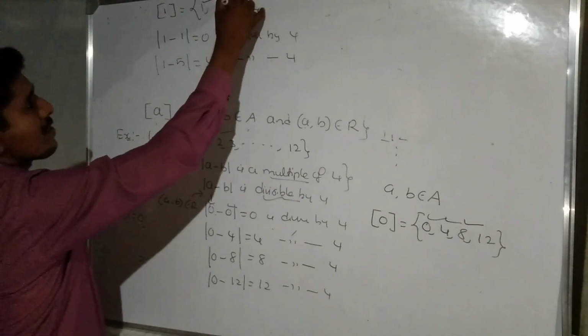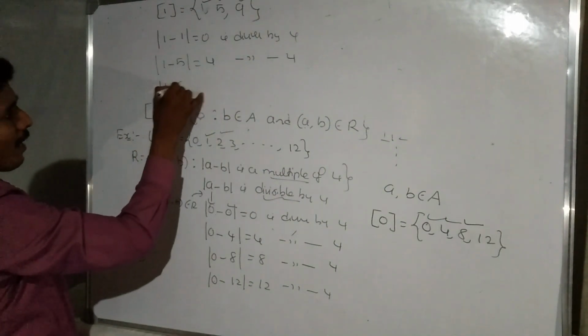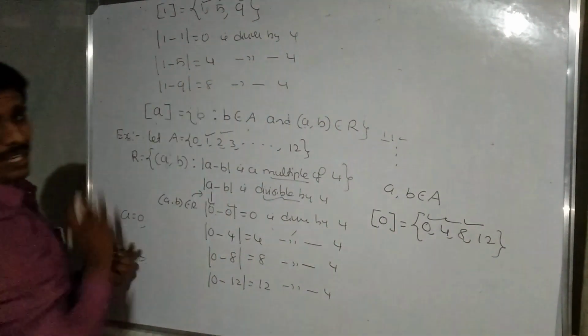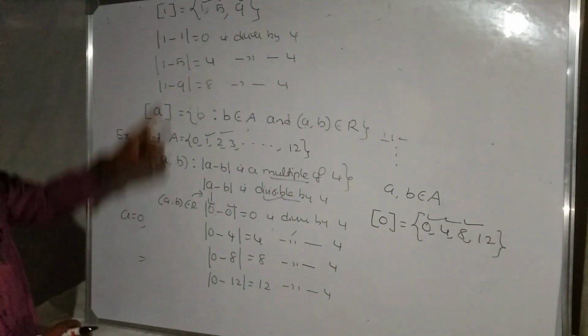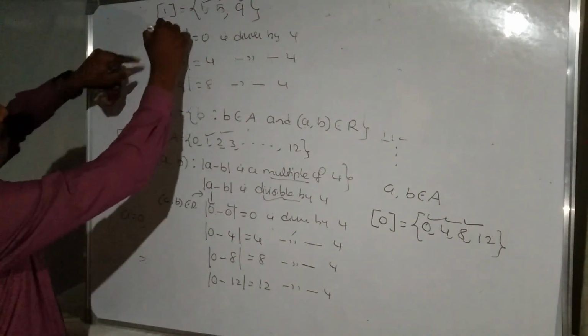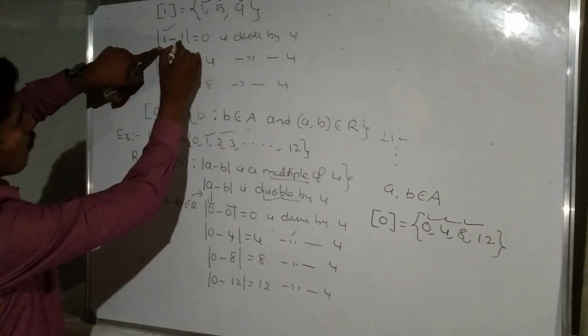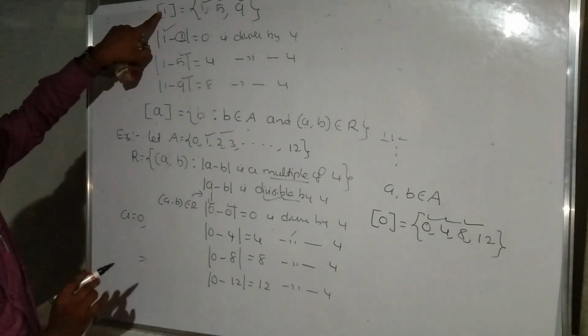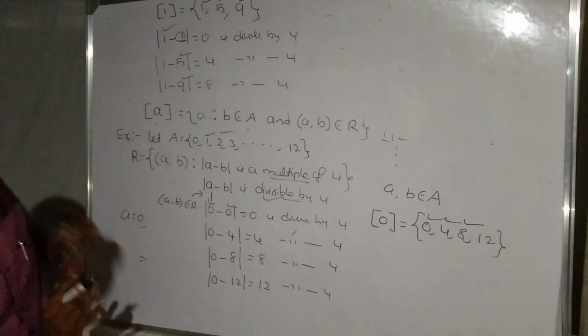Next, 1 minus 9, modulus of 1 minus 9, this is plus 8, clearly which is divisible by 4. 4 2s are 8. Therefore, equivalence class of 1 equal to, which elements are related to 1 means this 1, this is 5, this is 9. Therefore, equivalence class of 1 equal to 1, 5, 9.